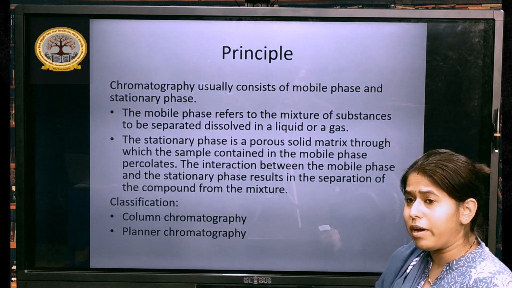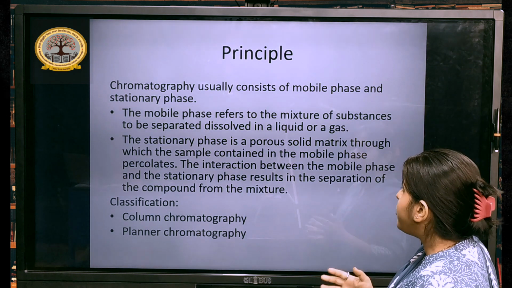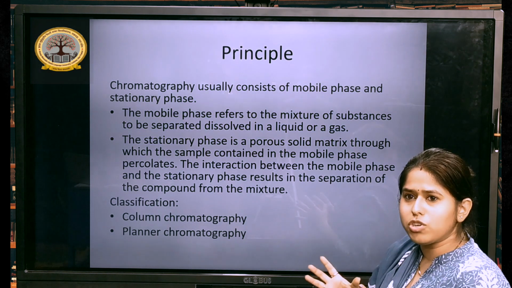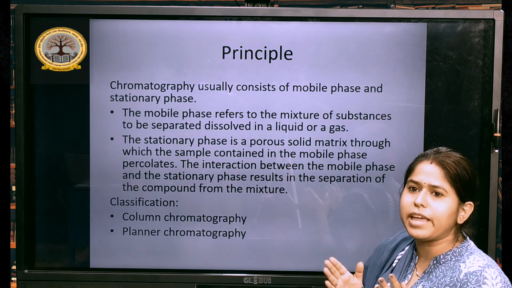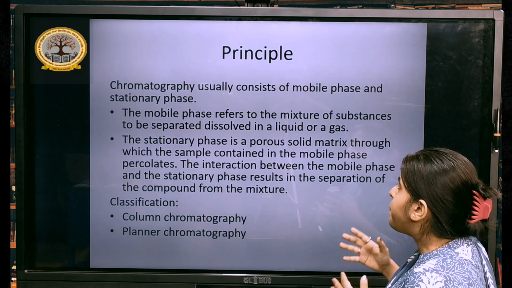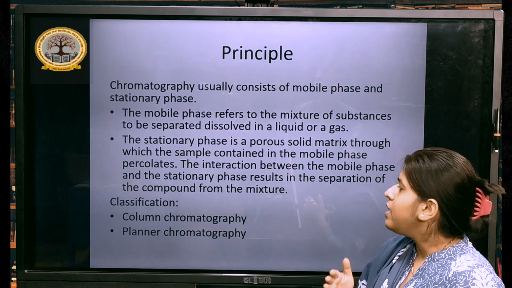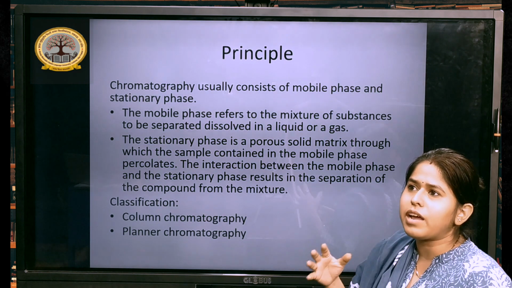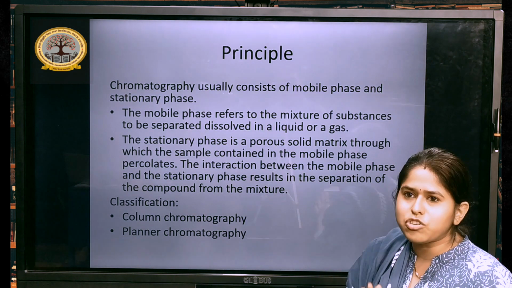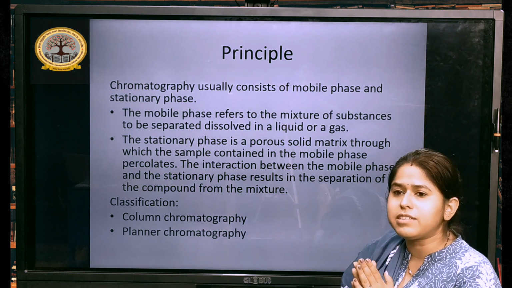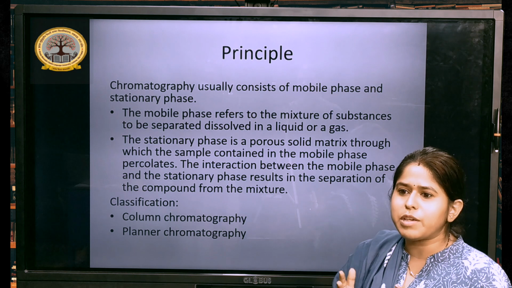What is the principle of chromatography? The mobile phase that we were talking about contains the mixture, our different analytes, for example A, B, C and D, and it passes these mixtures over the stationary phase. In the stationary phase, our analytes either interact with the stationary phase or with the mobile phase. Depending on the differences in the interactions, our compounds are separated.